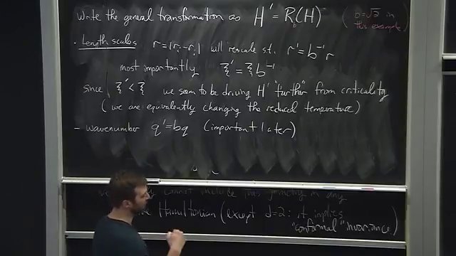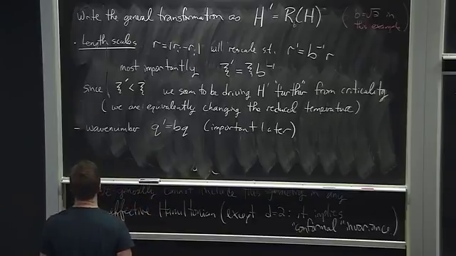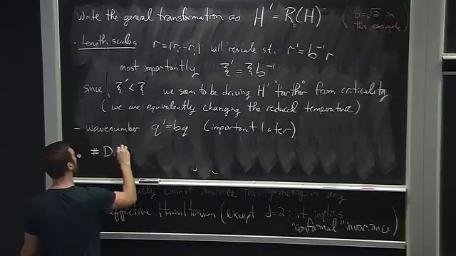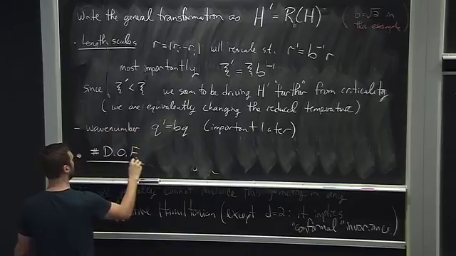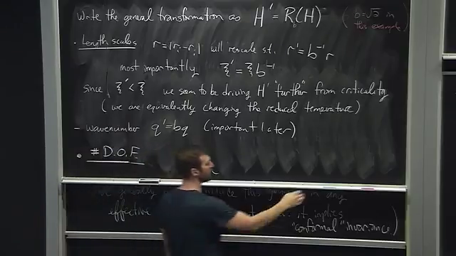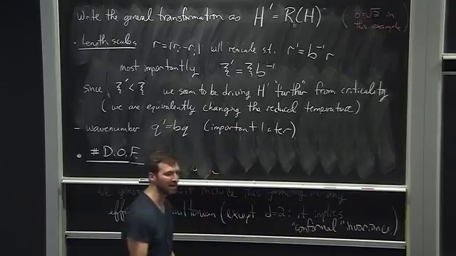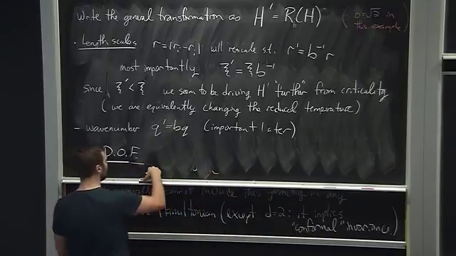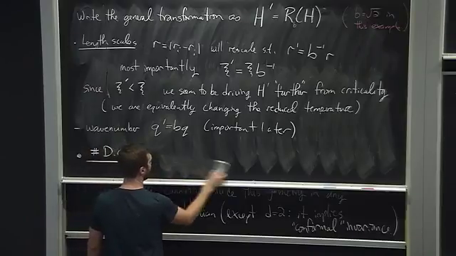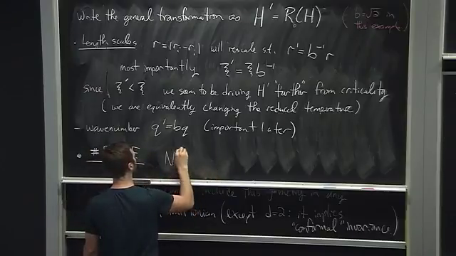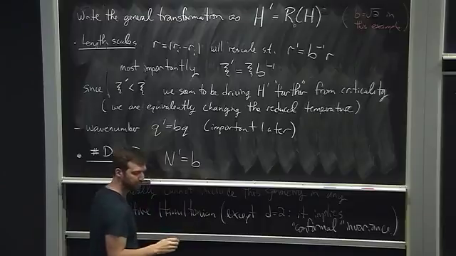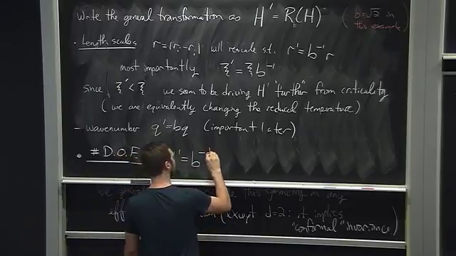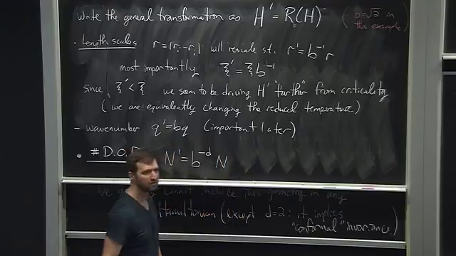But the number of degrees of freedom. Okay, so let's go. The number of degrees of freedom changes. Should be less, right? You start out with n. Now you've rescaled, n prime. D is a linear length scale, so it's b to the minus d n.